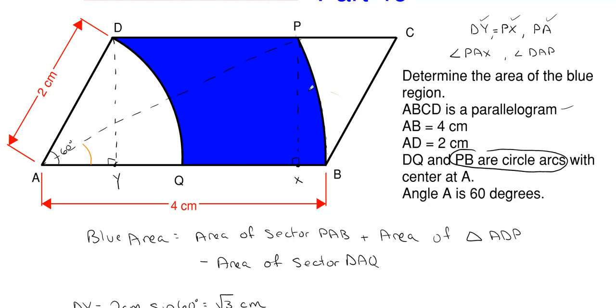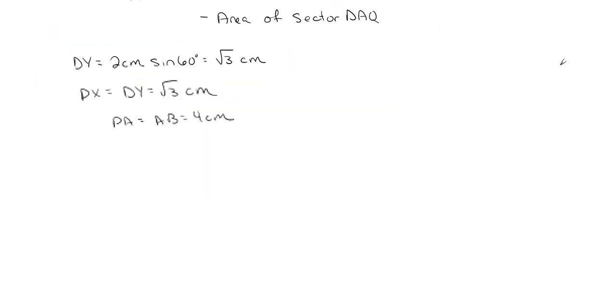So once again, we're going to use right triangles here because now this length of AP, well, that is 4 centimeters in length, and we know this height over here, which is equal to the square root of 3. So not super difficult to get any of this information. We're just going to use the same kind of right triangle idea.